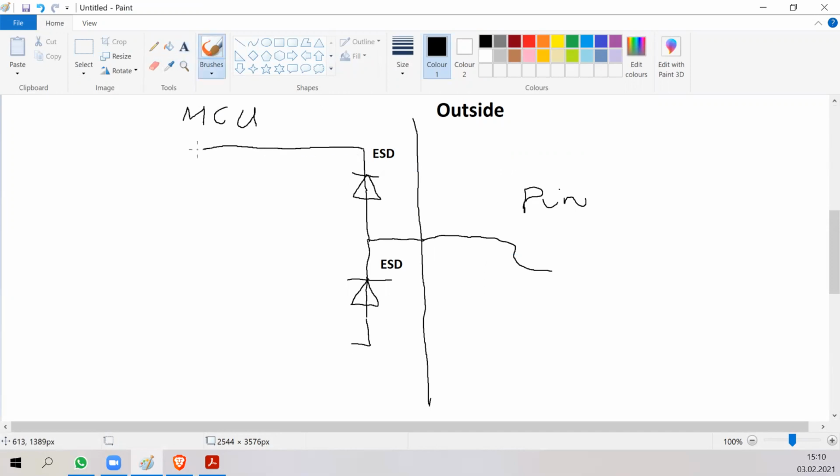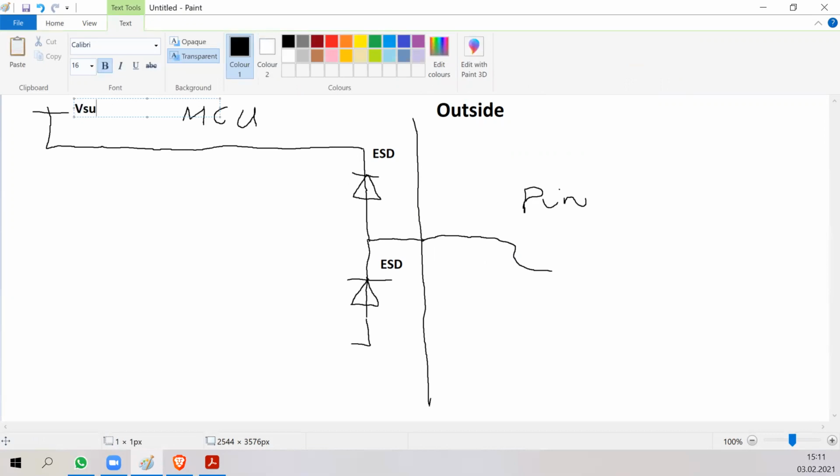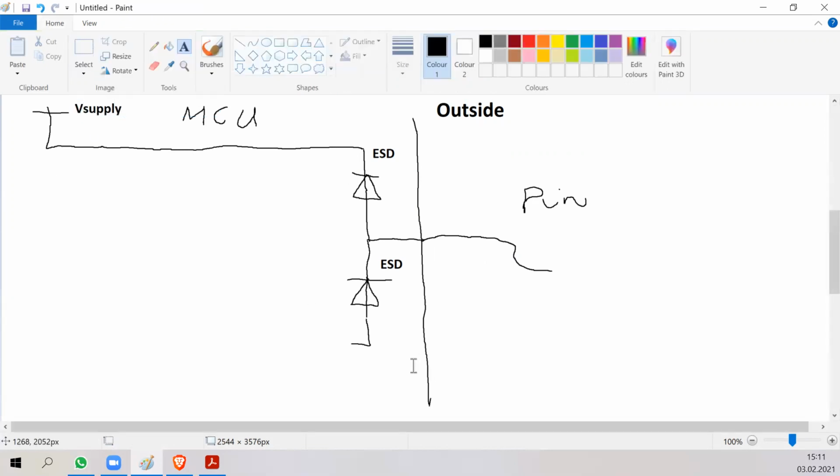And this top part is connected to the power supply. And the bottom end is connected to ground.